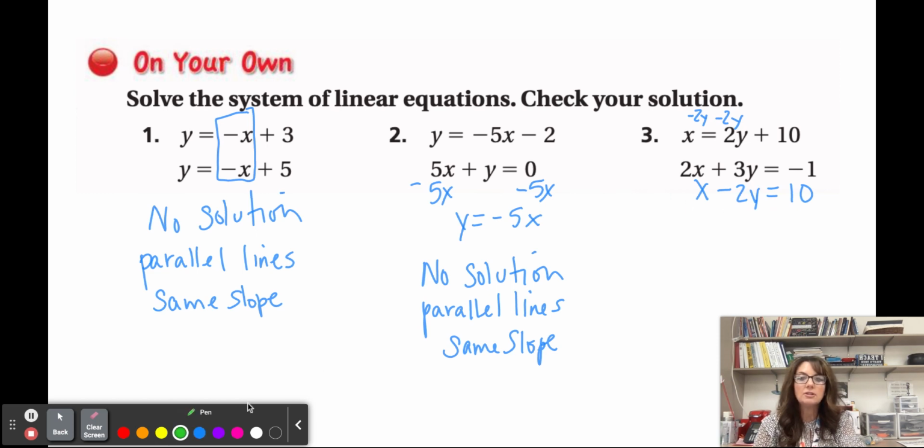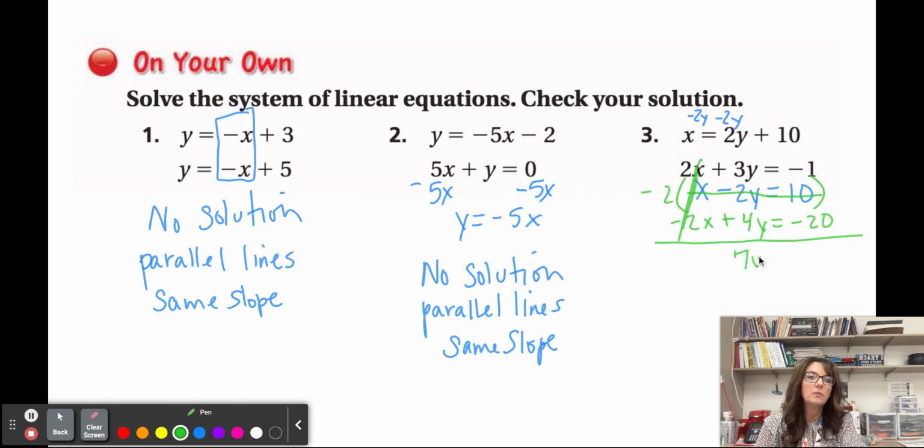I can multiply the second one by a negative 2, and that'll give me negative 2x plus 4y is equal to negative 20. So my x's will eliminate. I will get 7y is equal to negative 21, dividing by 7, and y is equal to negative 3.